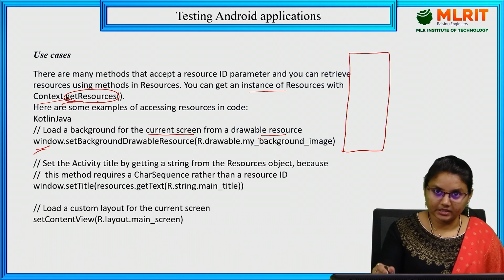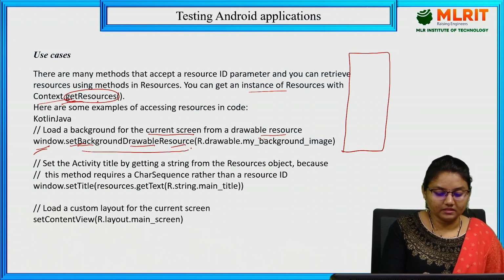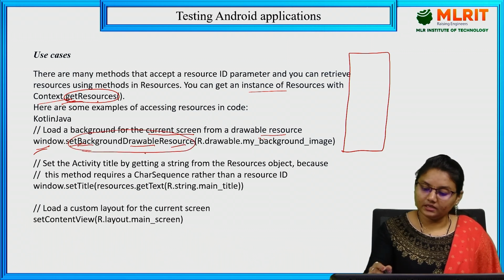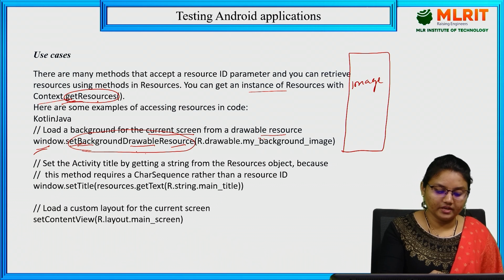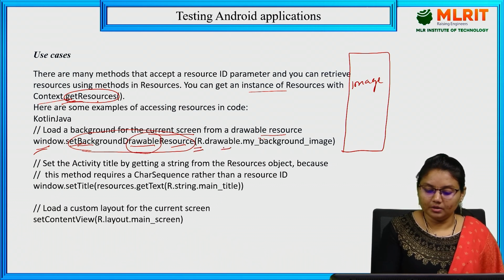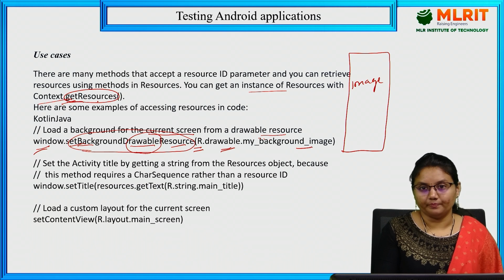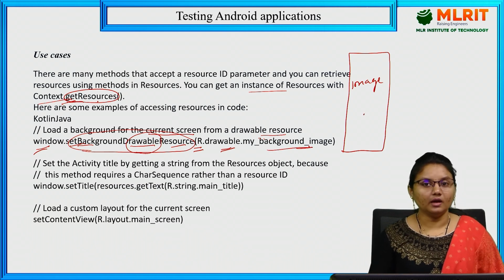This particular window calls setBackgroundDrawableResource, a method where you are setting the background of your activity with the image stored in the drawable resource. What is that? R.drawable.myBackgroundImage. Whatever image that is, it will be applied to your activity as a background.